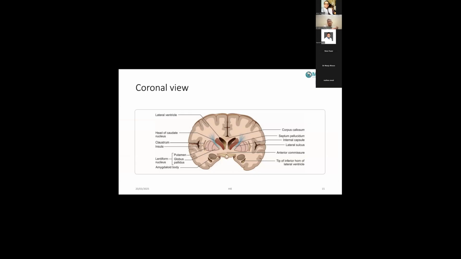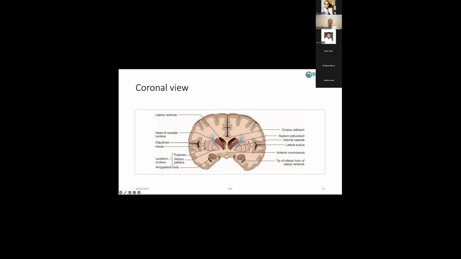Again, I'm not sure if I should be repeating this, but it is self-explanatory. All the markings have been given here. We'll be focusing mostly on this part in HIE, and the changes pertaining to this area. So just be aware that there are two lateral ventricles, right, interposed by the corpus callosum connecting the right and the left hemisphere, separated by the intrahemispheric fissure here.